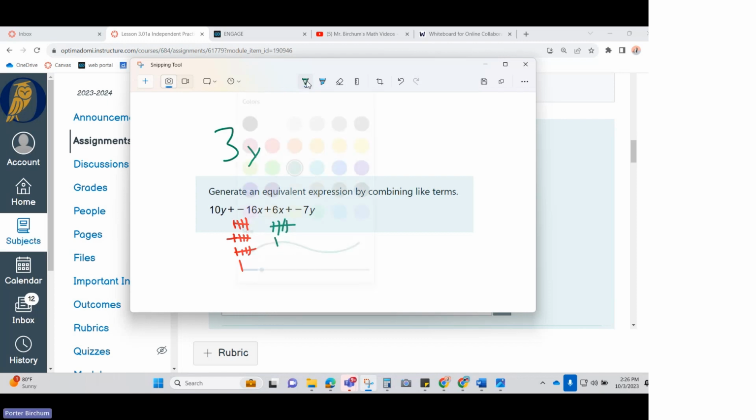So let's make some zero pairs, shall we? Looks like these ones can cancel each other out. -1, +1. Zero pairs. Looks like this +5 and this -5 can cancel each other out. And we are left with how many negative x's? 10 negative x's, minus 10x.